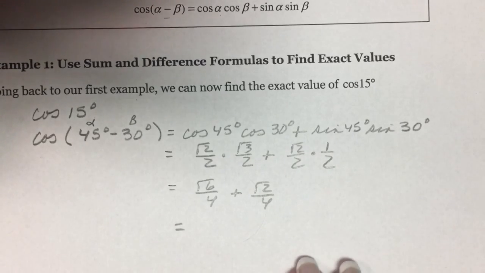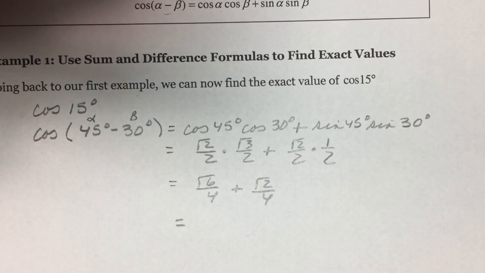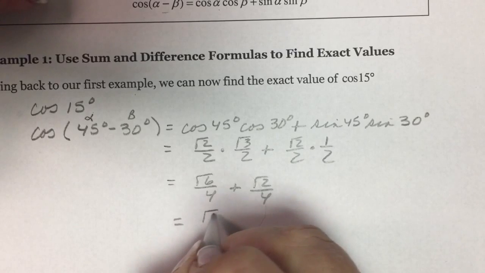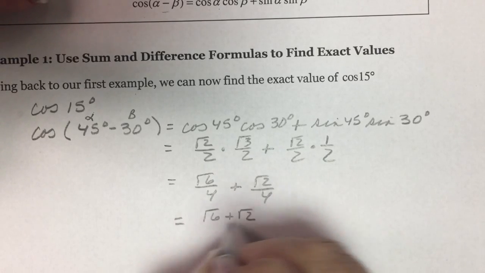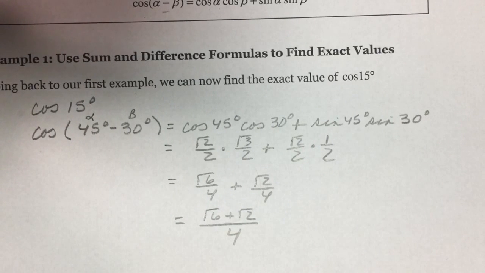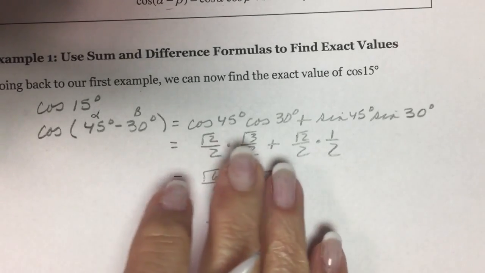The exact value, again, not plugging it into the calculator and getting an approximate value because it's rounded, for the cosine of 15 degrees is root 6 plus root 2 all over 4. And that's all there is to it. So it's literally a plug and chug.